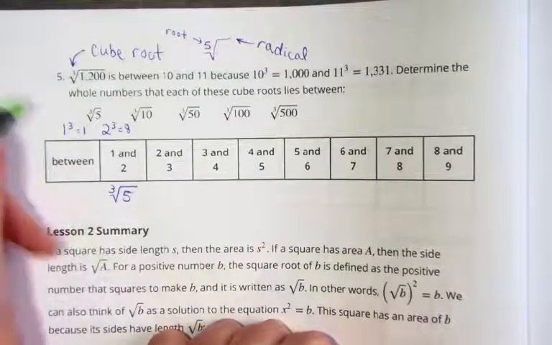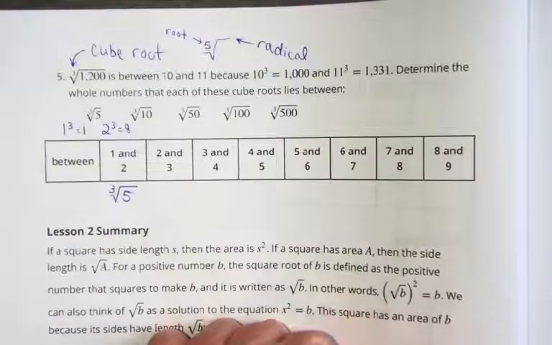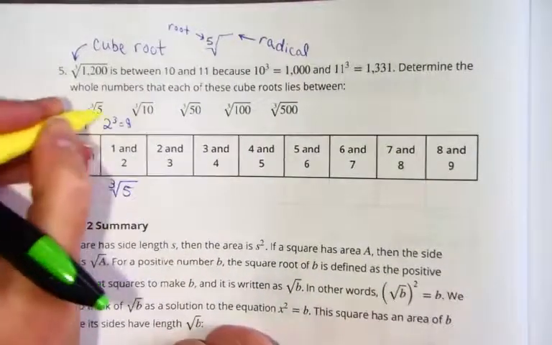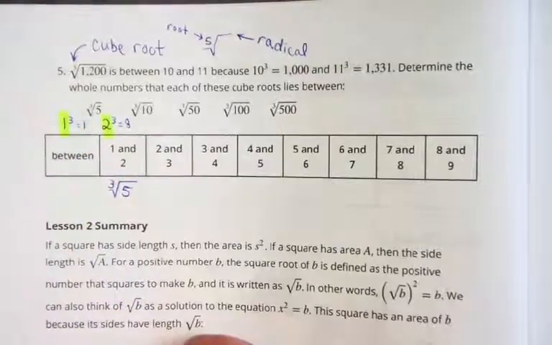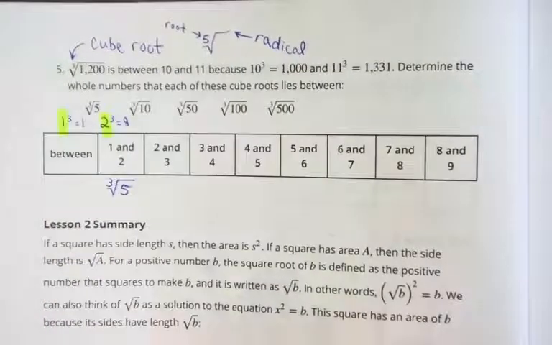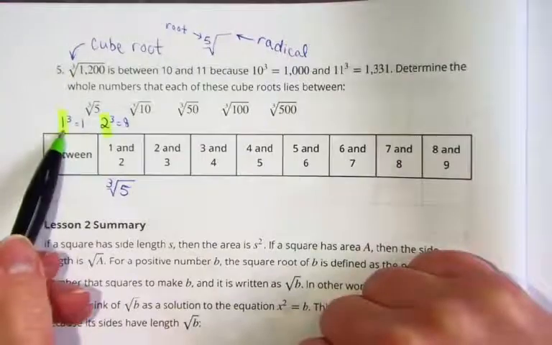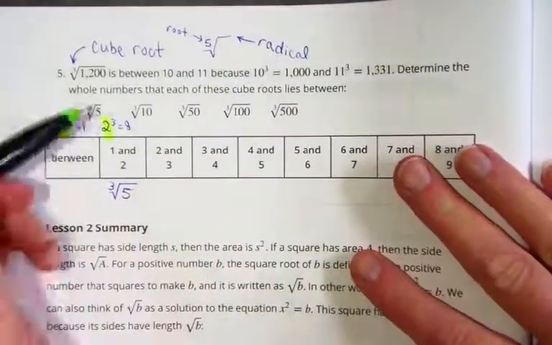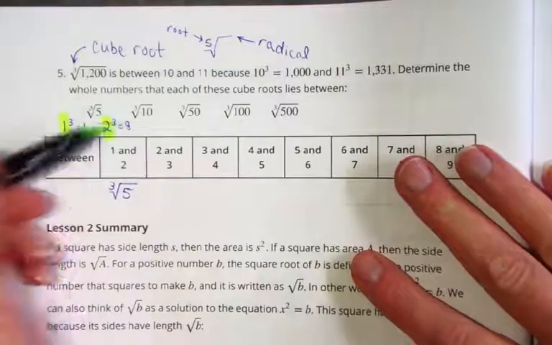So what we're really starting to think of here, let me get my highlighter to show you, is what base numbers the root lies between. So the 3rd root lies somewhere between 1 and 2 in this case. Now we already did 2 to the 3rd power and found 8.